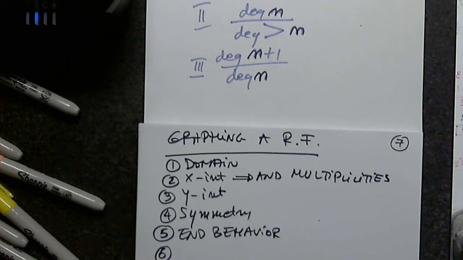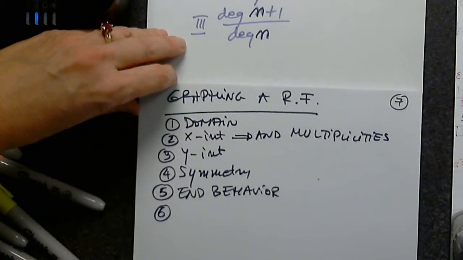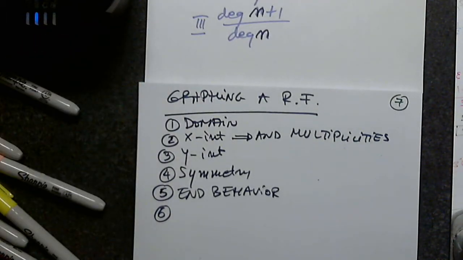There is one thing that we discussed in polynomials that does not have anything to do with the rational function, which is number of turns. Number of turns before was degree minus 1. There is no degree for a rational function, so we cannot talk about number of turns. Now I have to add more to the list.